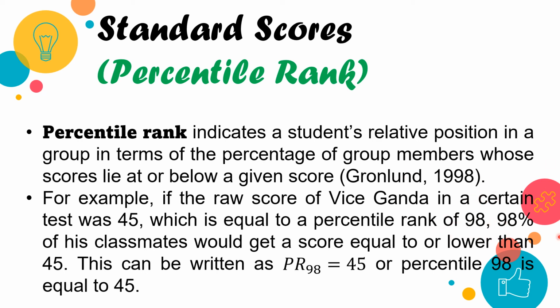Therefore, we can say that 98% of his classmates would get a score equal to or lower than 45. This can be written as PR sub 98 is equal to 45, or percentile 98 is equal to 45. Okay, that's how we do it. We have a raw score of a certain test, and then you are given a percentile rank, and that's how we interpret it. Okay?